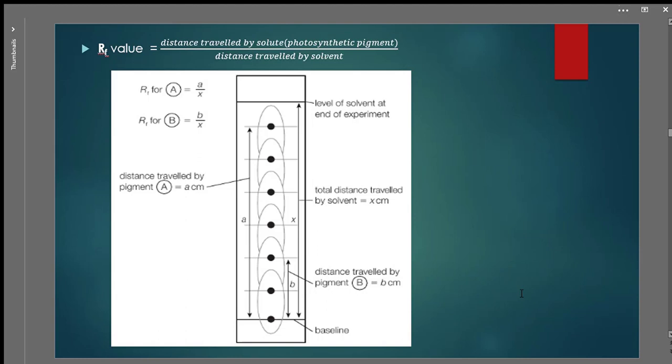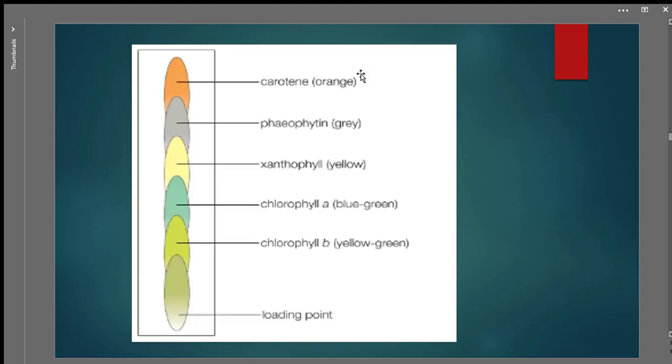Now, if you look at this diagram, the first statement says that the retardation factor or value is given by the distance traveled by the solute, or the photosynthetic pigment in this case, over the distance traveled by the solvent. This is very important.